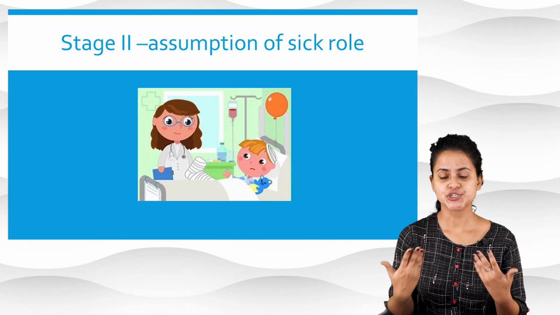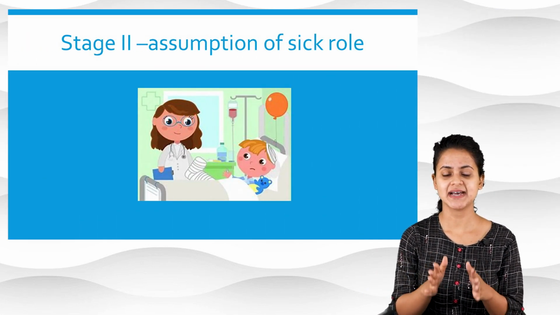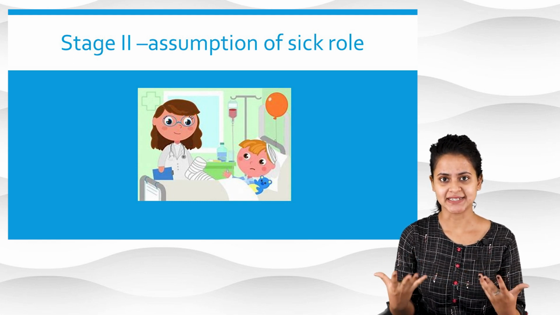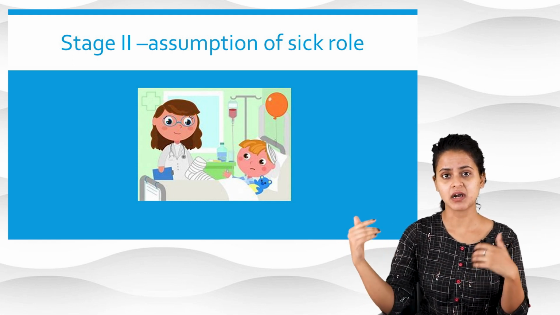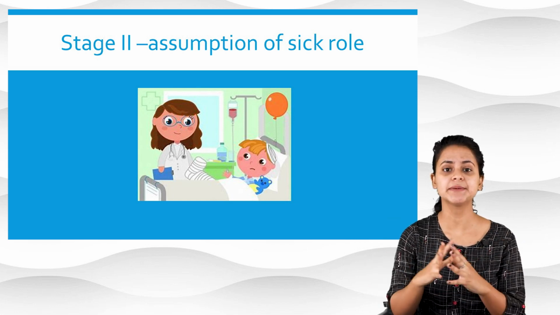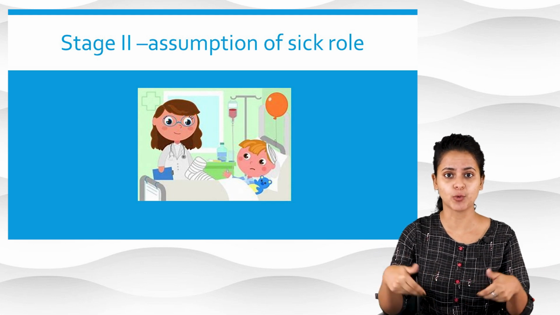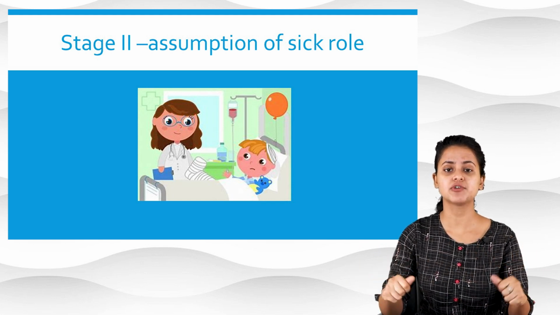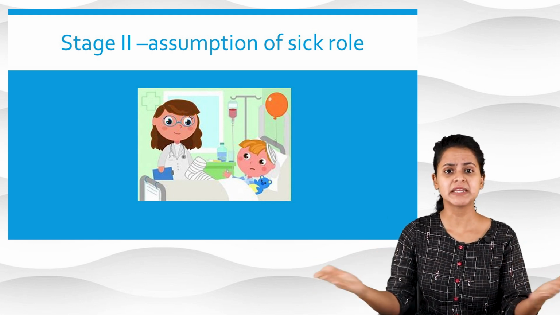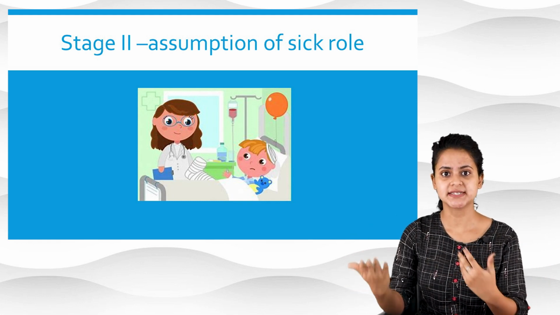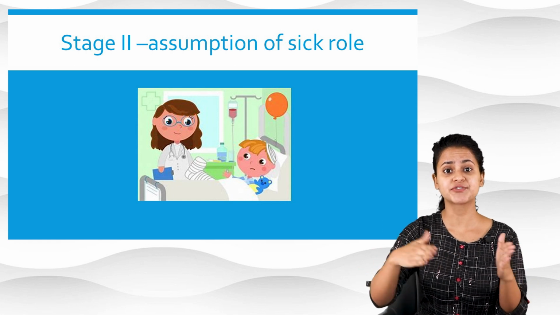Stage 2 is known as the assumption of sick role. Here, if the signs and symptoms are prominently present, the client will definitely try to manage on their own, because every individual with minimal signs and symptoms follows certain practices to get rid of the symptoms.